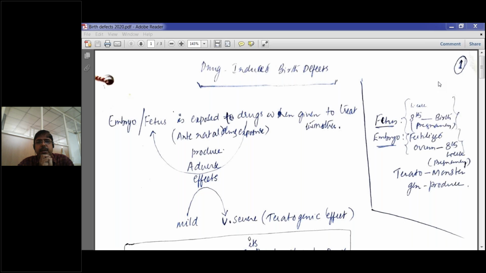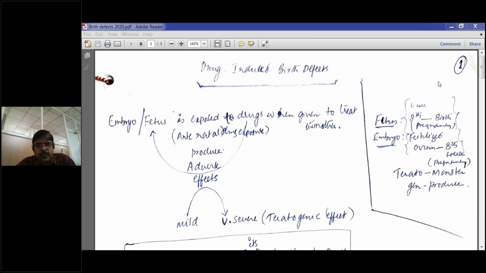So we know that the drugs produce the effect in the growing fetus. Okay. When do we call the growing fertilized ovum a fetus, and when do we call it an embryo? Yes, sir.